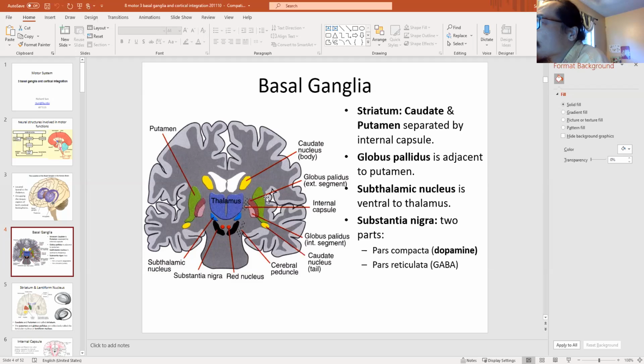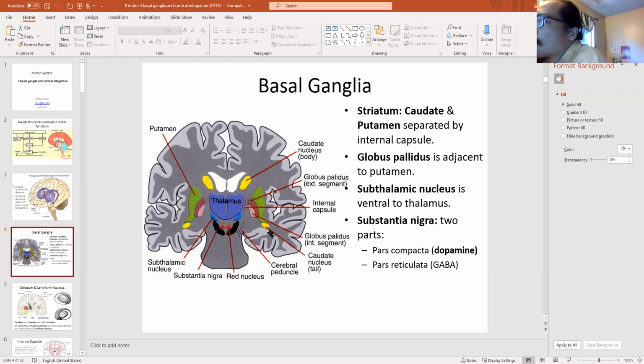This brown region is the external segment. So this is the globus pallidus. That's a major region. The striatum includes the caudate and putamen, and the lentiform nucleus includes the putamen and the globus pallidus.